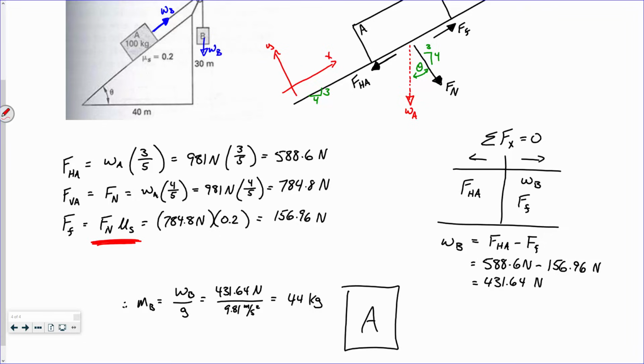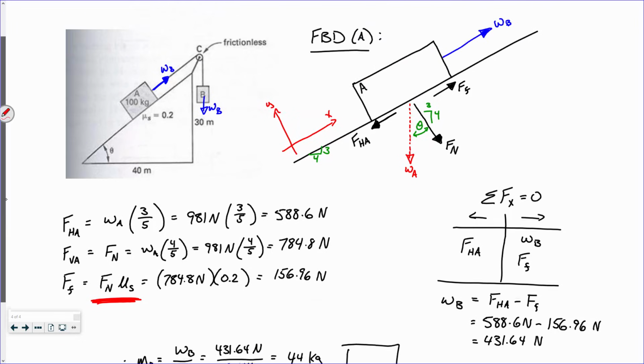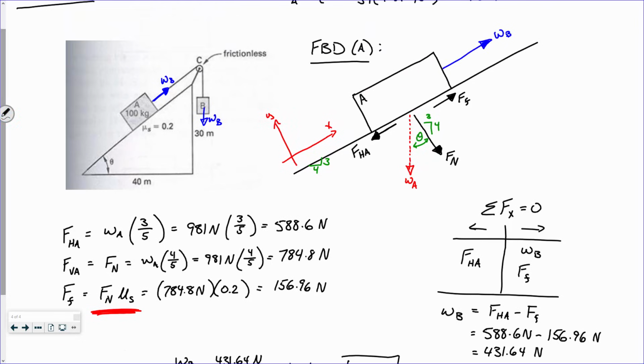Well, that's a good question, and what I would say is the easiest way to get around that is to do a free body right here. If you do a free body there, what you're going to get is this. Here's your pulley, right?